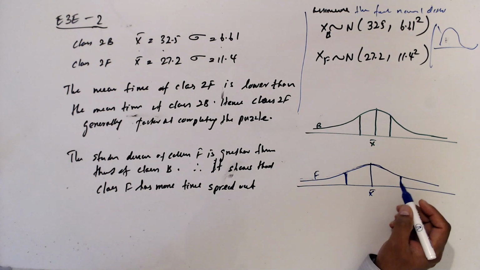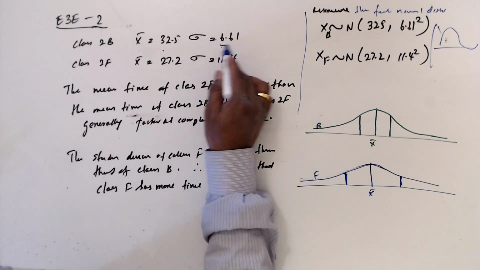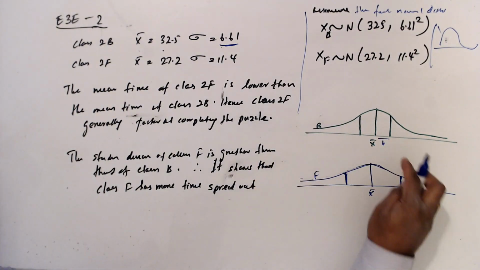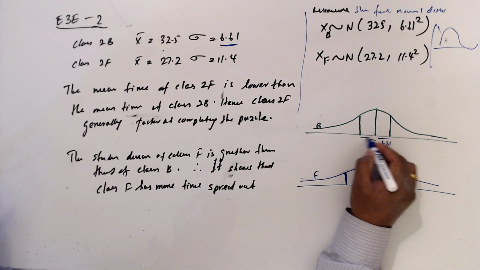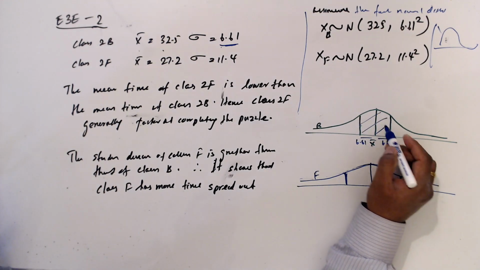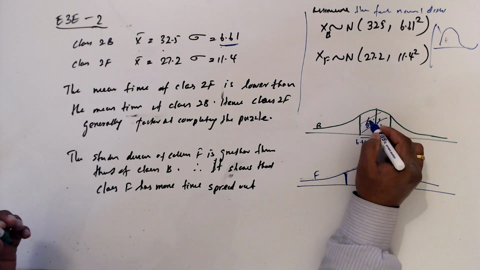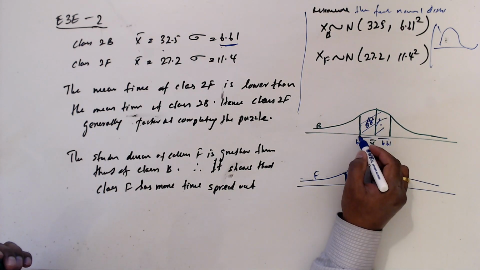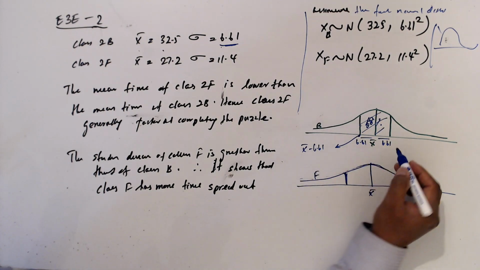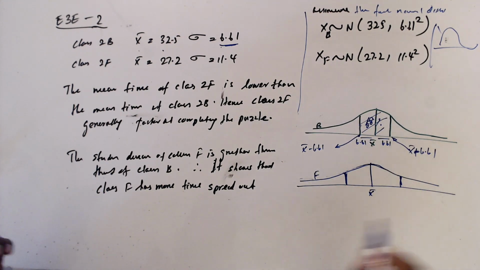I redraw this graph. So this is for B. For B, you can see x bar, and this value is 6.61. The spread out for both sides is 6.61, and here 6.61. So basically, 68% of data is usually within this value, x bar minus 6.61, and this value, x bar plus 6.61.